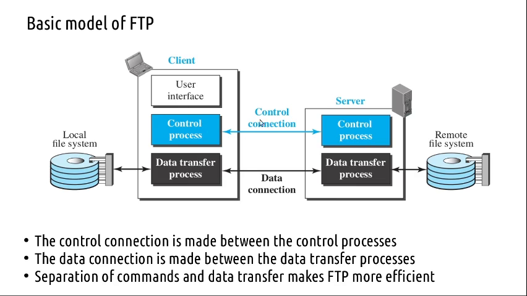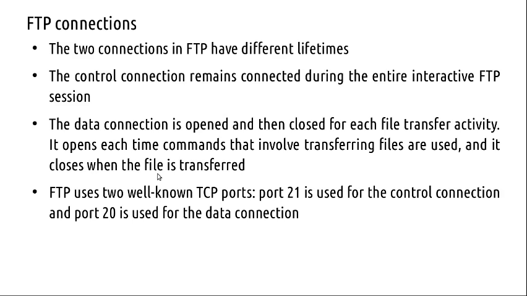The control connection is concerned with commands, such as authenticating a user, initiating the transfer, aborting the transfer, putting checkpoints. Whereas the data transfer is concerned purely with the data. And note that it is the client that determines a lot of the parameters of this data transfer.